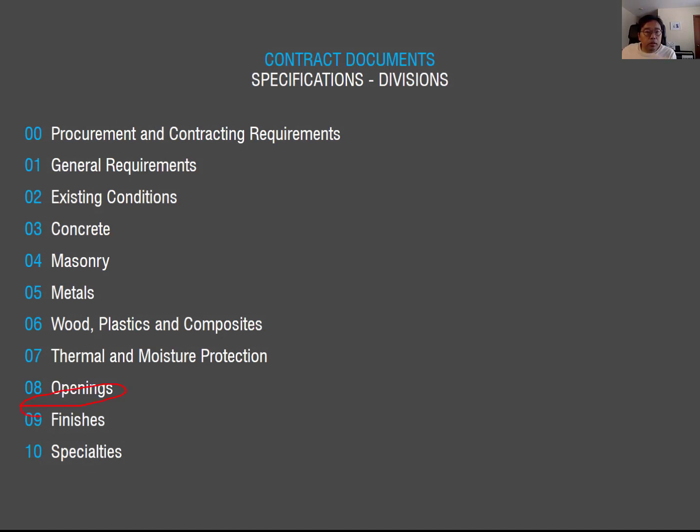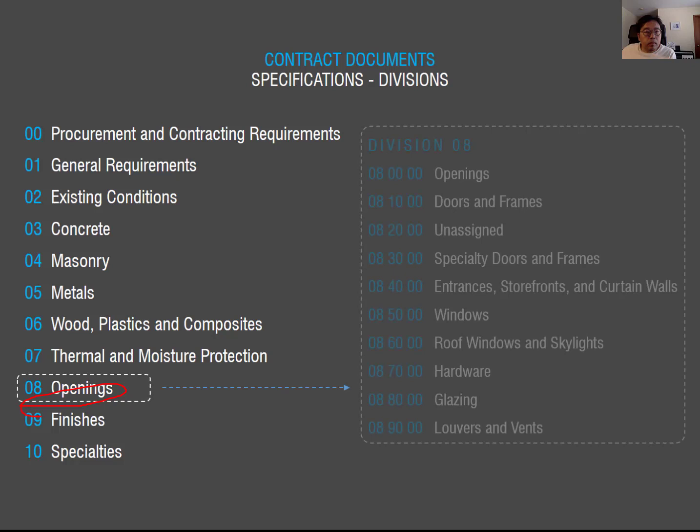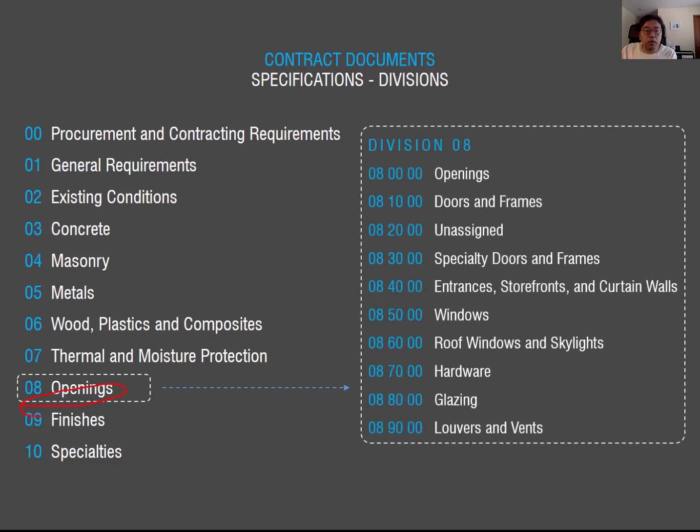When you click it, you can find the opening division here, with lots of different subcategories. 0000 talks about the general information about openings, 10 is the door frame, 50 is the window, 80 is the glass, and 90 is the louver. To discuss with the contractor and engineer, you simply use this number to communicate.